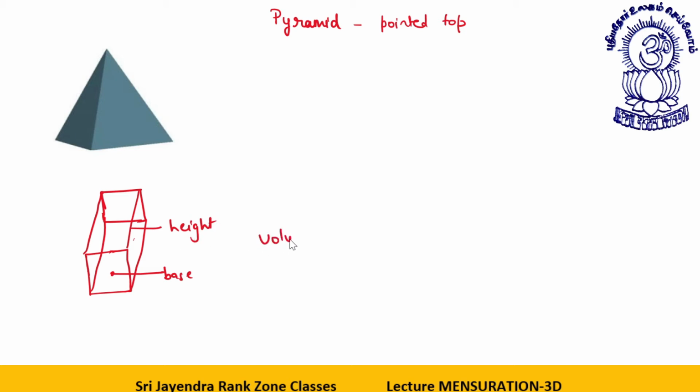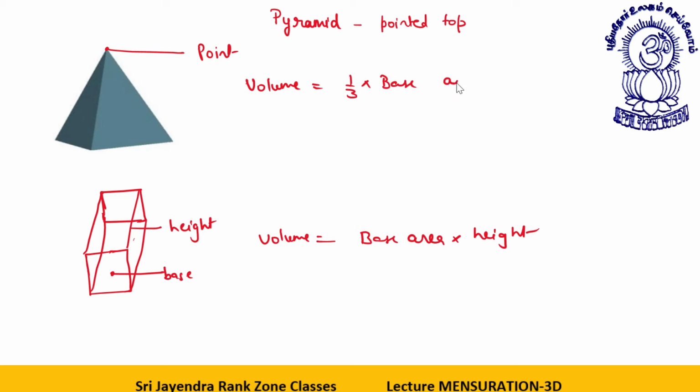Volume will be base area into height. But for this point, since this is a point, as a result of this point, volume becomes 1/3 of base area into height. One third of base area into height. This is the main thing. This is what we will be discussing.